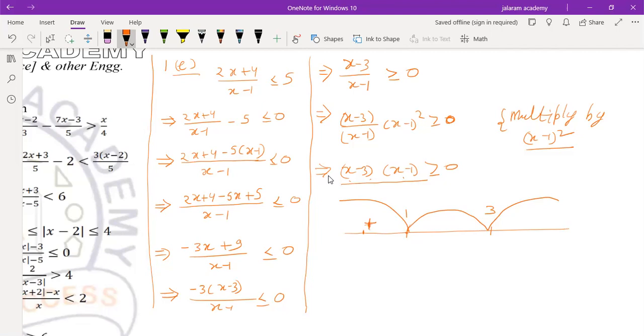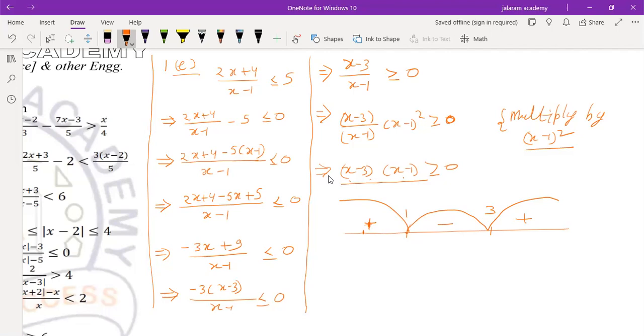Then after plus there will be minus, then after minus there will be plus. Means alternate plus, minus, plus will be there. Whenever we solve an inequality of two factors, it starts with plus and then alternates plus, minus, plus.